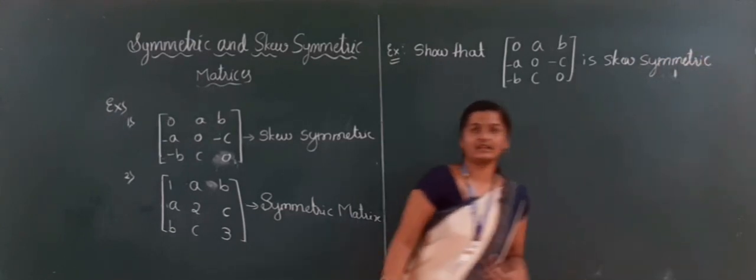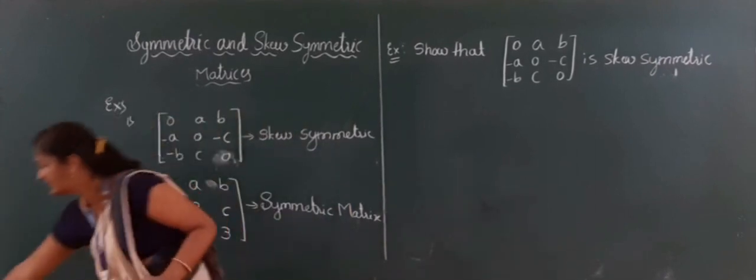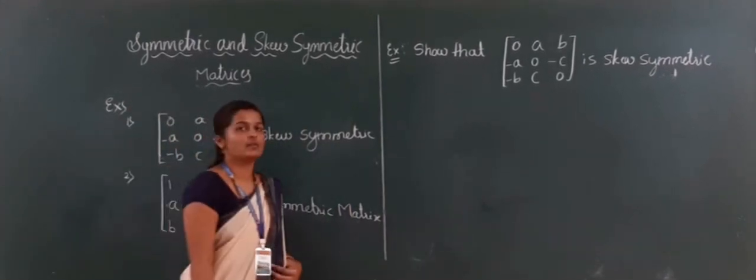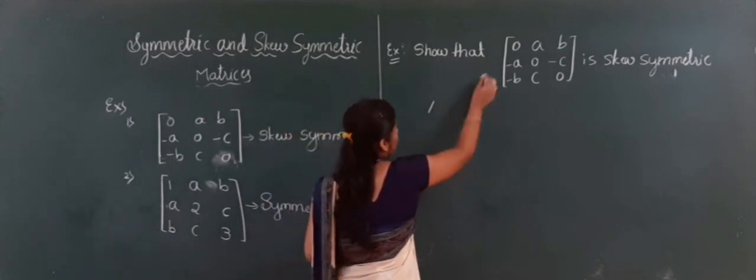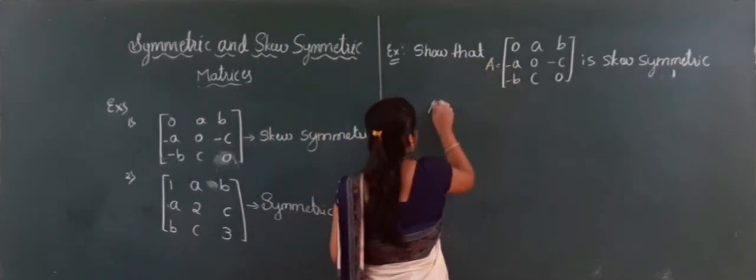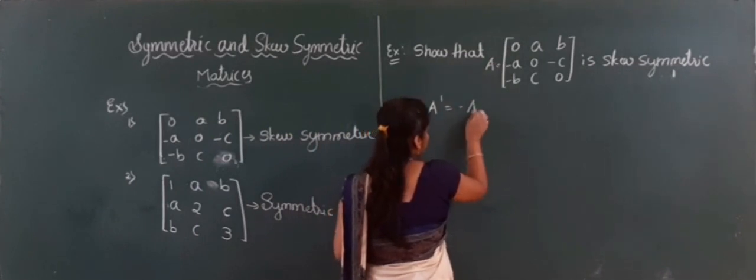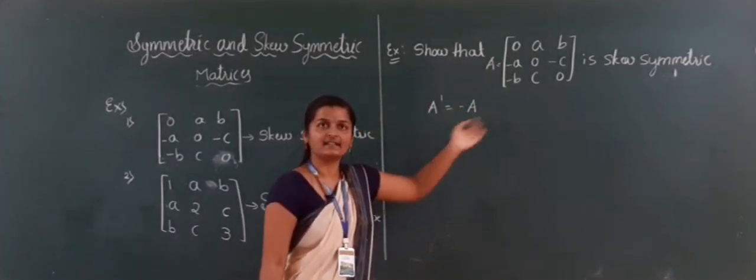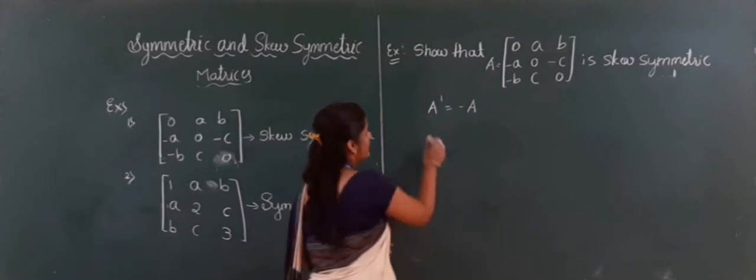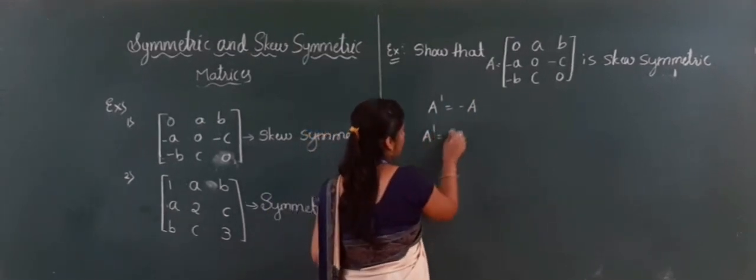Then here we can't directly say that it is skew symmetric. Here we have to solve and show that if this is matrix A, then A transpose is equal to minus A. Once you have proved this, then only we can say that this is a skew symmetric. Directly we can't say. So first I will find out A transpose.